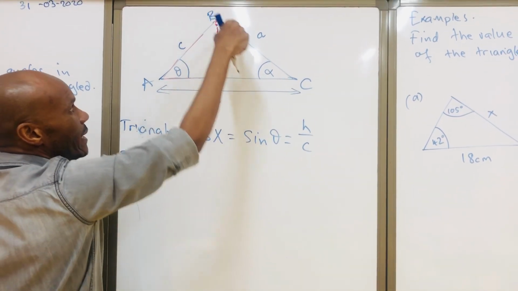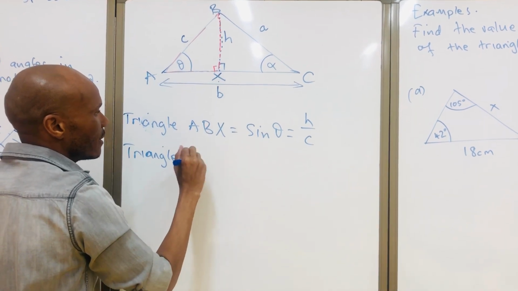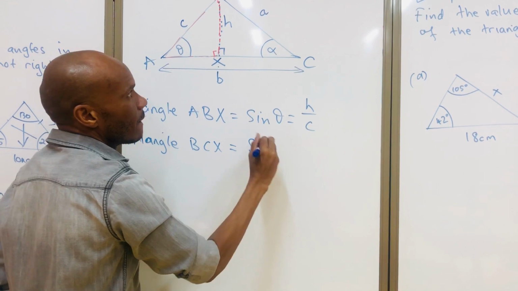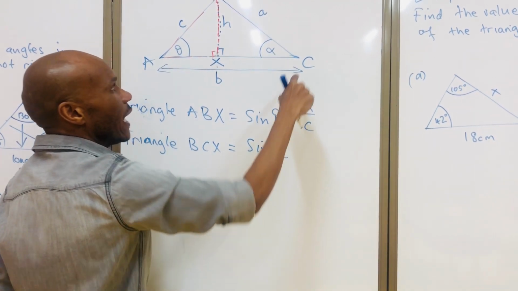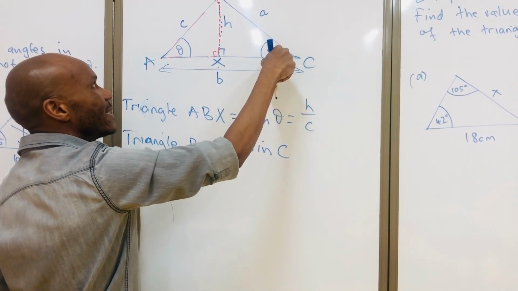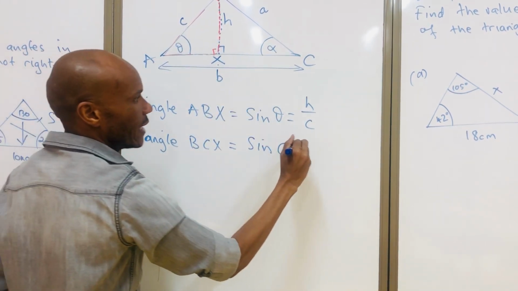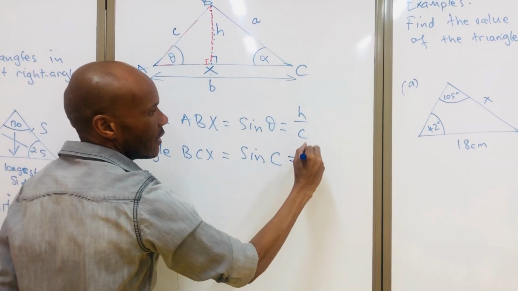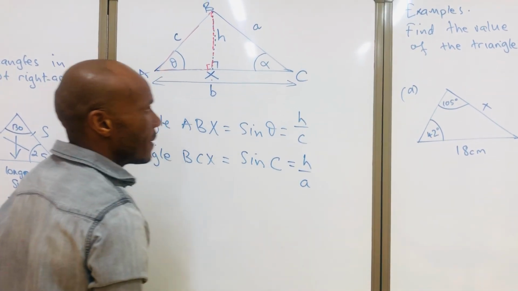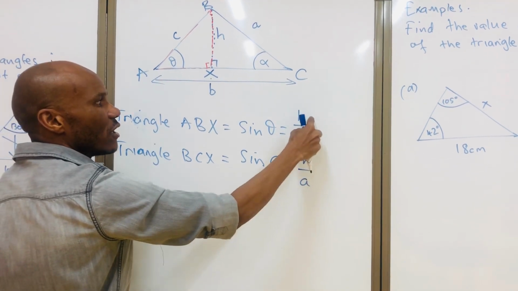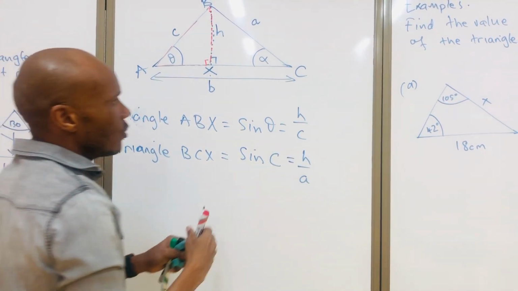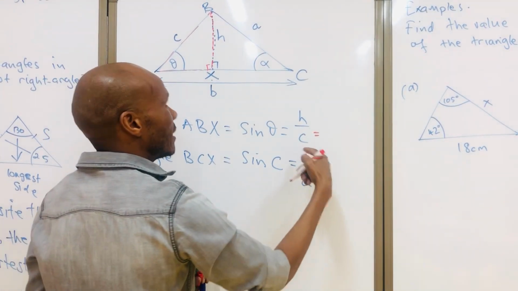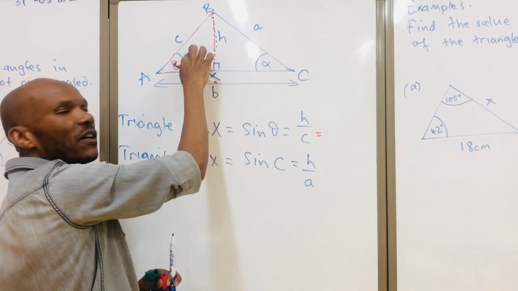In triangle BCX, sine C is equal to h over a. But then I've got h on both of them. So what will my h be? Because h is common, but it's different from this triangle and it's different from this triangle.